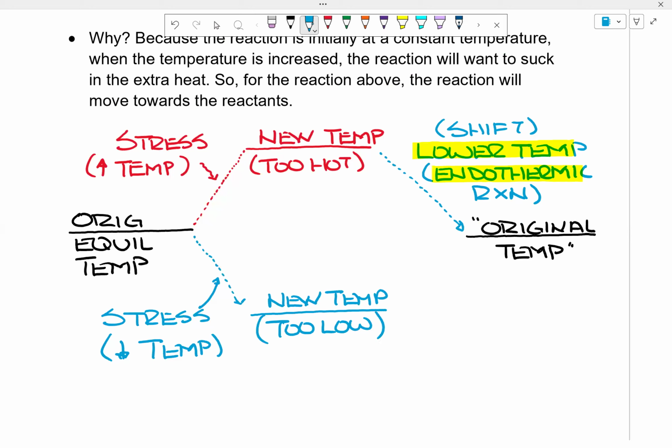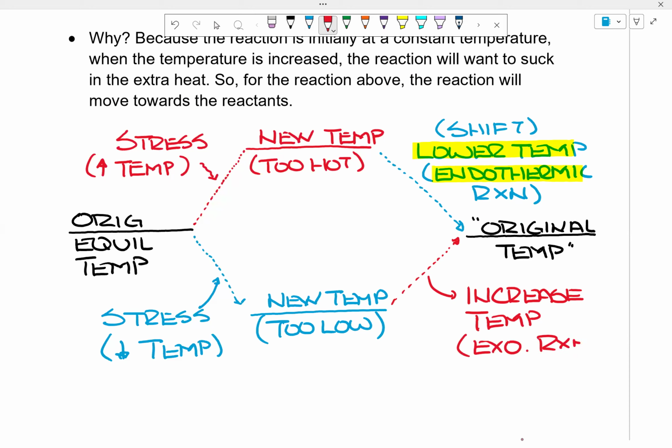So because the new temperature is too low, what you want to do is increase the temperature. This is like the exothermic reaction. Again, this is my shift, to bring the temperature back up to the original temperature to the best of its ability.